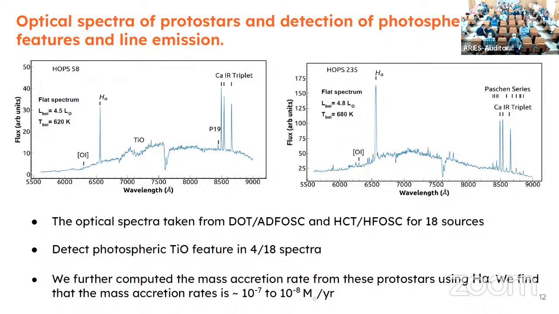So from the 18 protostars for which we had obtained the optical spectra, 4 of them show this titanium oxide feature, indicating that the photosphere starts perhaps forming as early as in the class 1 flat spectrum phase.